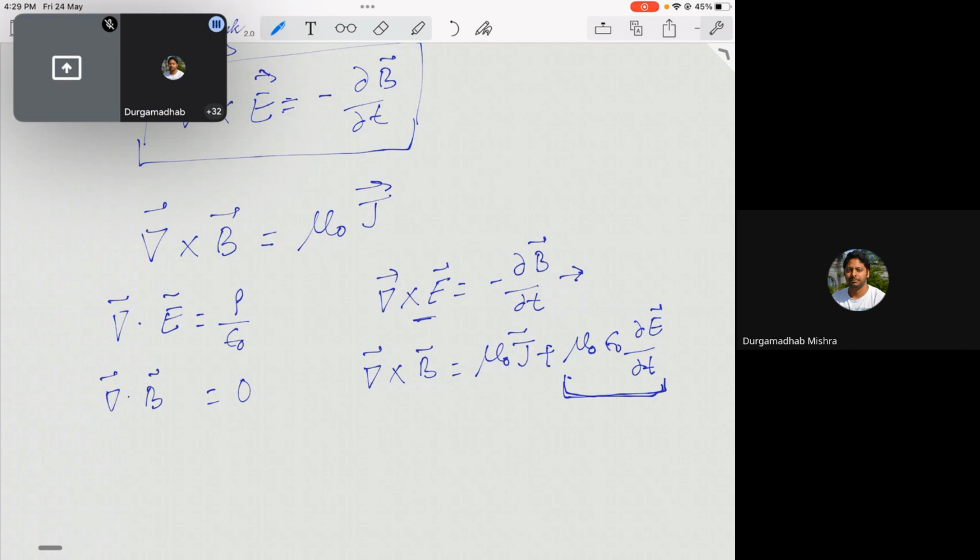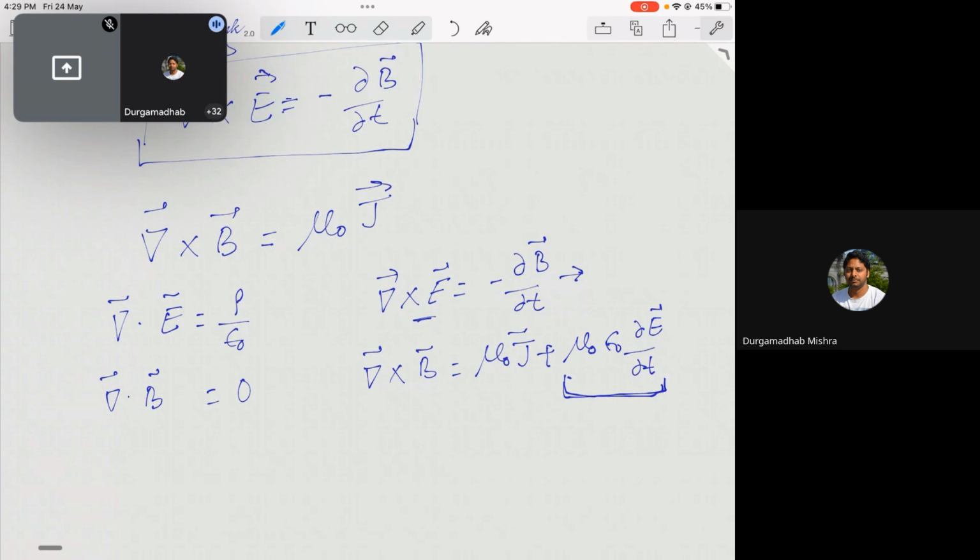We are not yet calling it electromagnetism, because until Maxwell, no one had shown that a changing electric field can produce a magnetic field. So how did Maxwell do that?